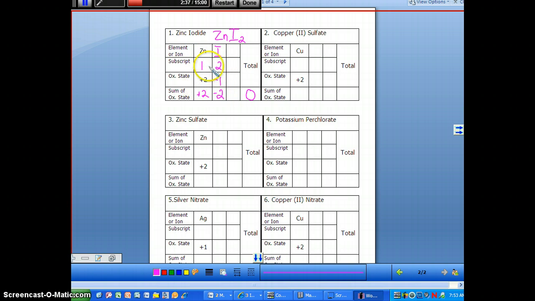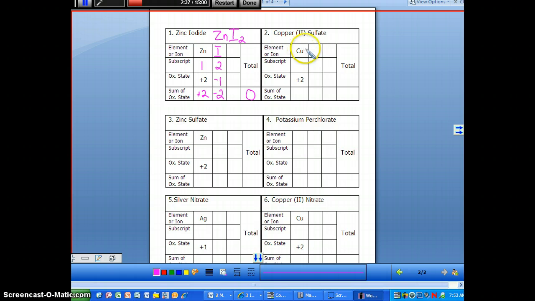So it's multiplying going up and down, and it's adding going across. And on all of these examples, you're going to get to 0. I left this blank because there are some cases where it wouldn't be 0 if you're doing a polyatomic ion, but we're doing compounds, so it's always going to be 0. All right, we'll go ahead and take a look at number 2.